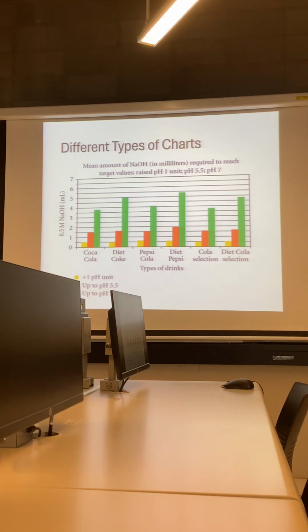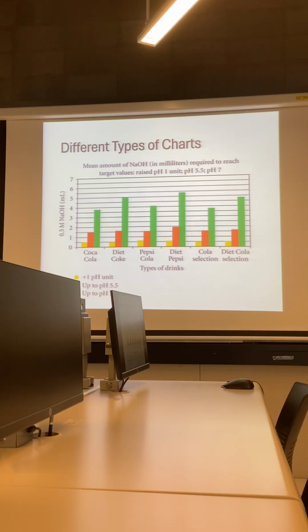Which one? Diet what? Diet Pepsi. So how much is the pH of the highest Pepsi? Sorry, how much is the NaOH? How much is the height of the NaOH?